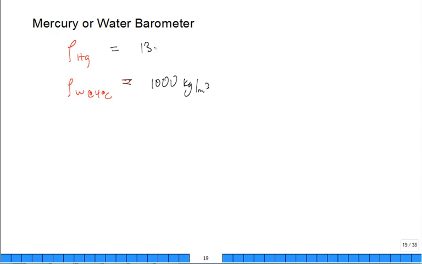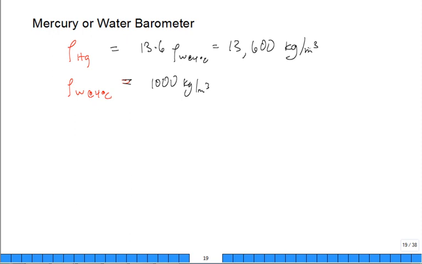It's 13.6 times the density of water at 4 degrees C. So it's 13,600 kilograms per cubic meter. The specific gravity is 13.6 times greater. That's the number for it, okay? So the density is higher.